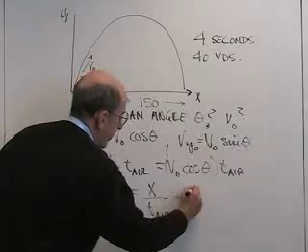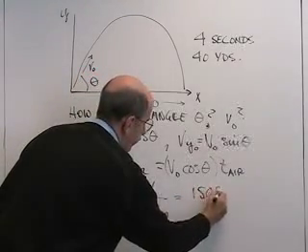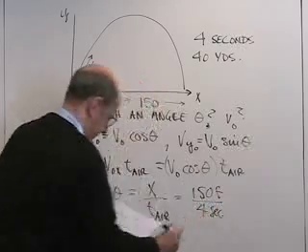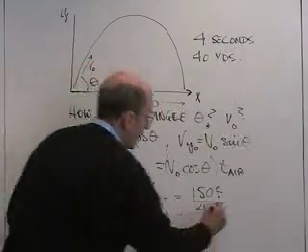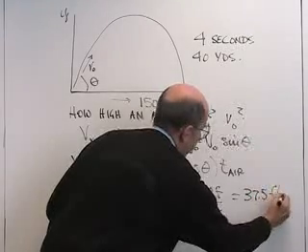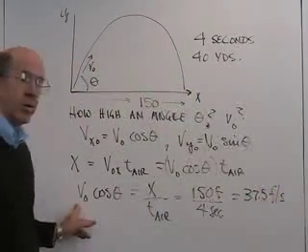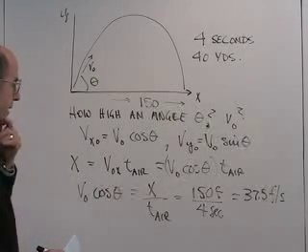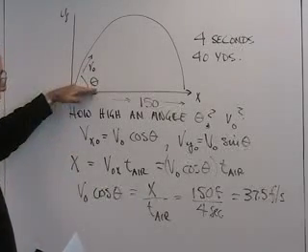So we want it to go 150 feet over 4 seconds. And so we want that to be 37.5 feet per second. That's the initial horizontal velocity. All right, so we got that. So we know what V0 cosine theta is.